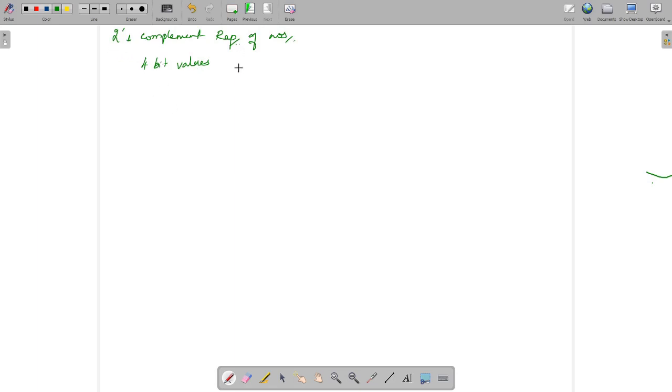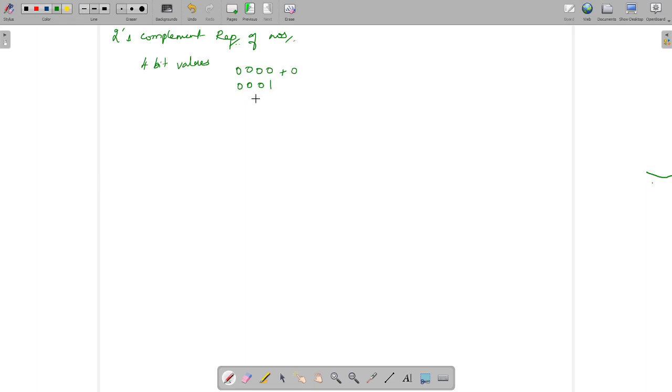So 4-bit values, like for zeros, you just have all zeros. For 1, it is going to be 1. So this is 0 or plus 0. And this 2's complement representation naturally uses the MSB to represent the sign of the number.